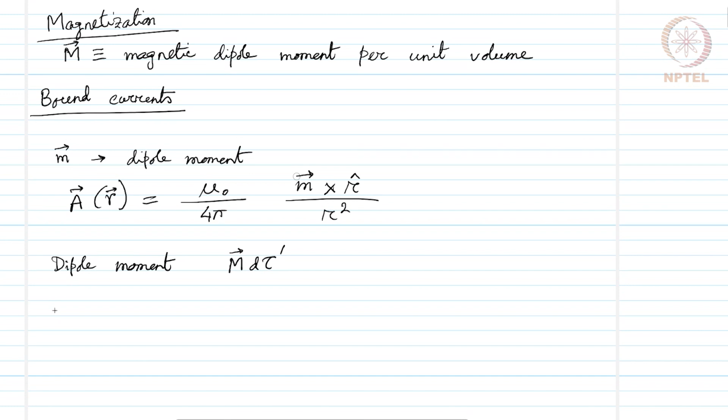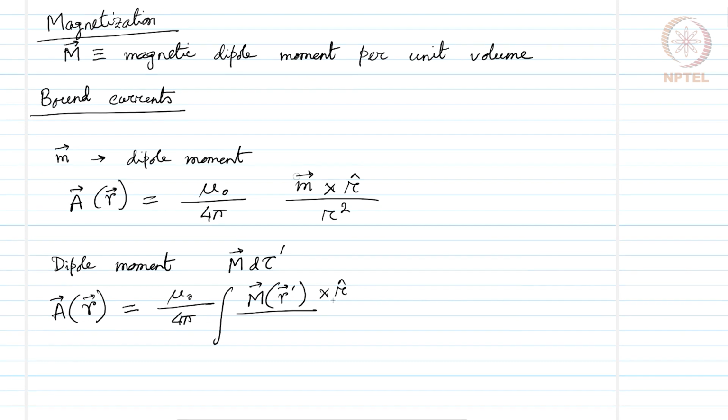So in this case the vector potential can be written as mu naught over 4 pi. We will have to perform an integral of M, that is a function of r prime, cross r cap over r squared, integrated over the volume.